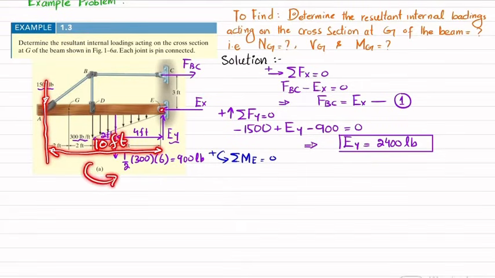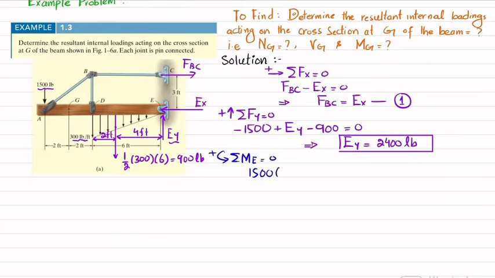This is producing counterclockwise, so it will be positive. So I will write 1500 multiplied by 10. Now the second moment is produced due to this 900 pound load, acting at a distance of 4 feet, and it is also producing counterclockwise, so it will be positive. So I will write plus 900 multiplied by 4.